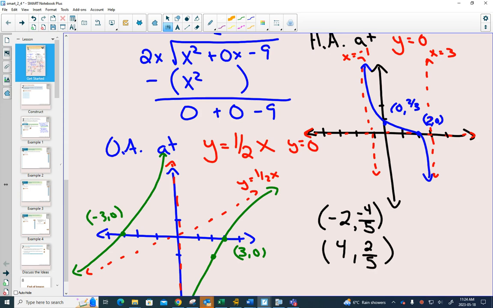So plugging these points in, -2, -4/5, and that's enough to draw that section, and 4 and 2/5 is enough to draw that section.